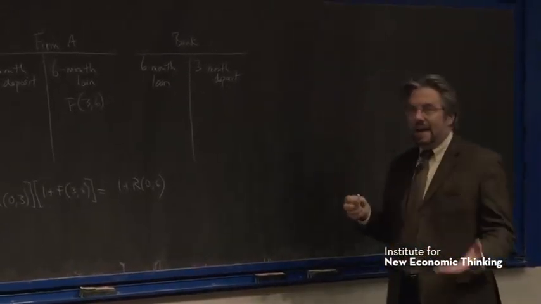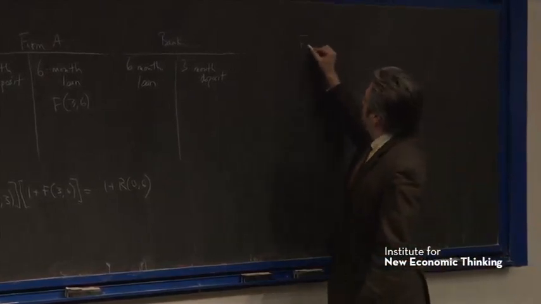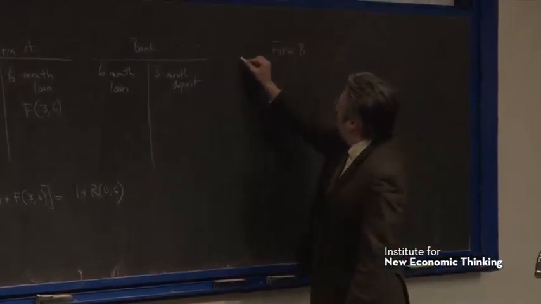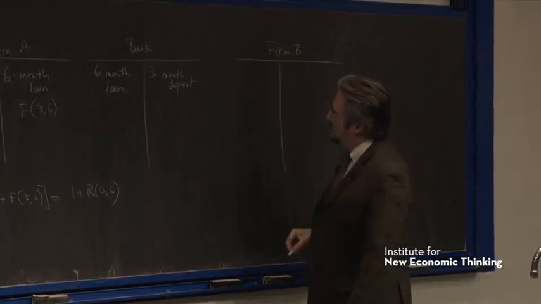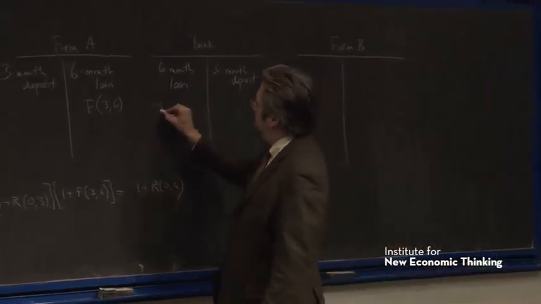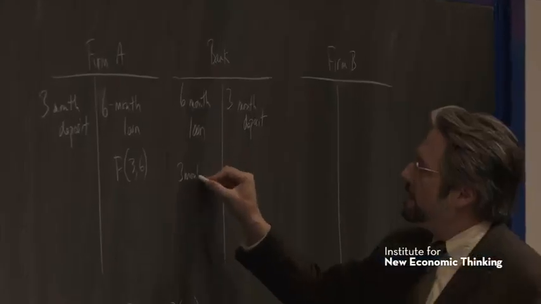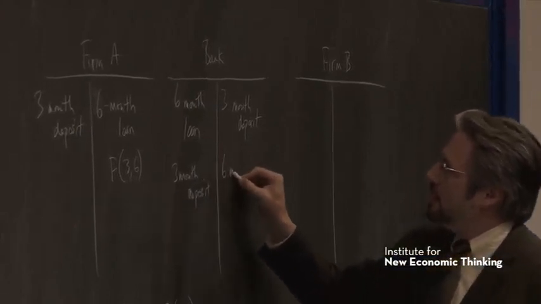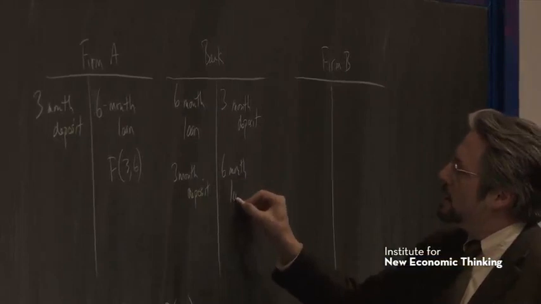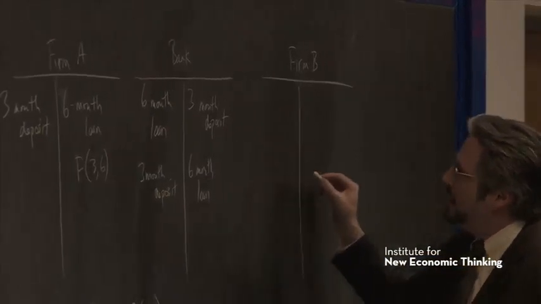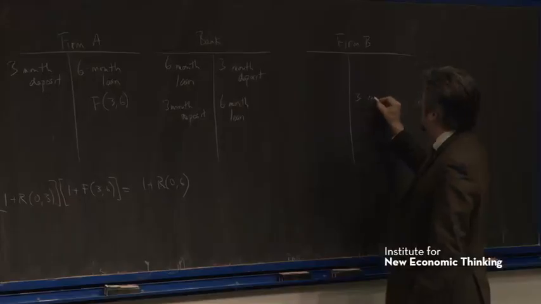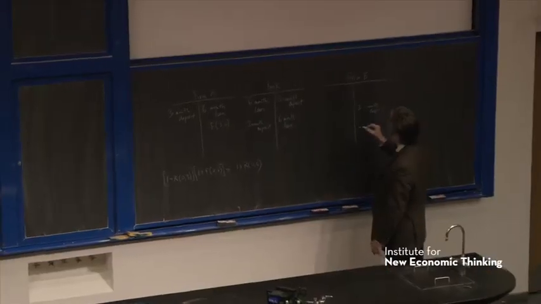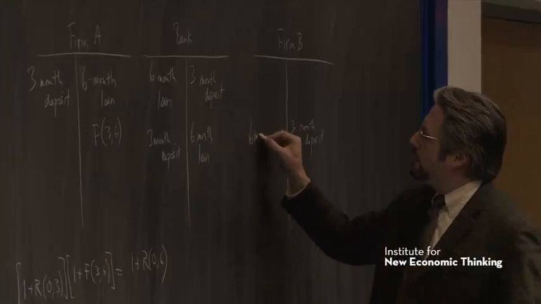So it might be another bank or it might be another firm. If there's a firm B that wants just the opposite, okay? So we have a 3-month deposit here and a 6-month loan here, okay? And we have a 3-month deposit here and a 6-month loan here.